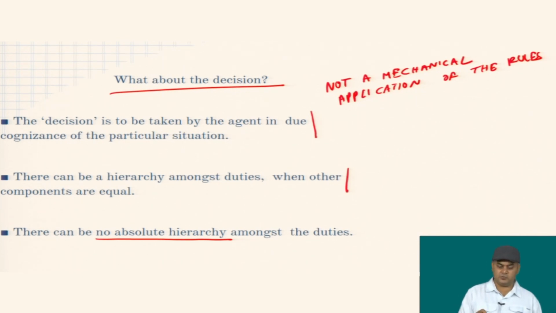The agent has to take due cognizance, that means, has to be aware to factor in what is the duty that should take precedence over the other if there is a need for recalibration, and then apply these particular duties. There can be a hierarchy amongst duties when other components are equal. That means, given that other components are equal, then we can follow the same order of application of duties, say number 1 goes first, 2 goes second and third, but there can be no absolute hierarchy amongst the duties.